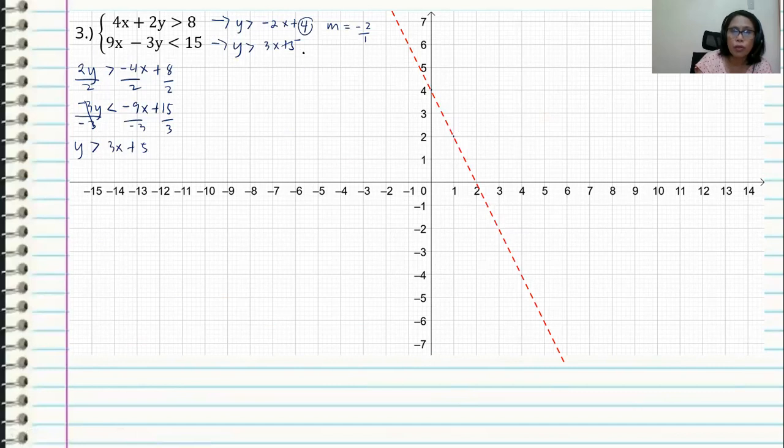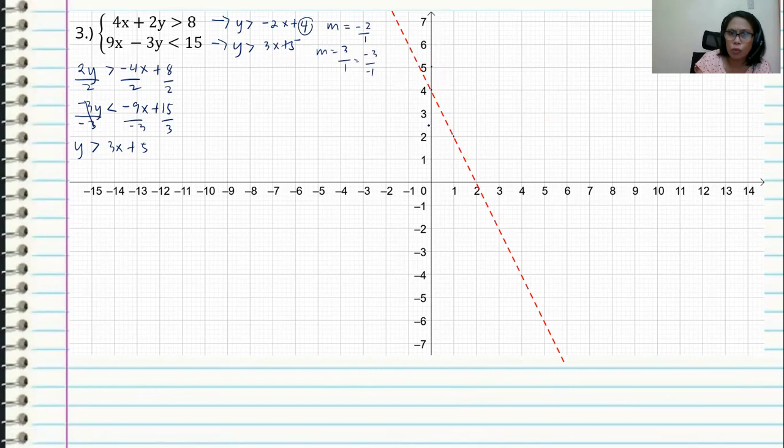Also, 0, 5 here. And then m is 3 or 3/1. So we will rise by 3 units up, or this can be -3/-1, or we will move down by 3 units from 0, 5.